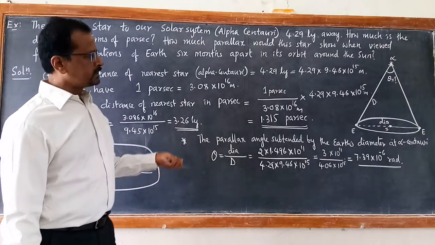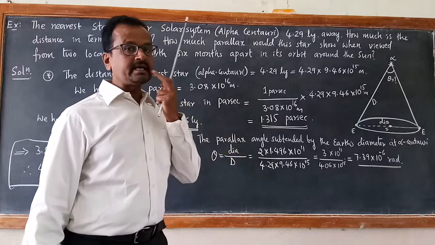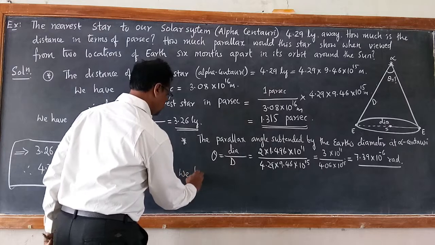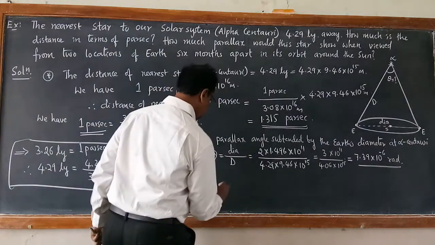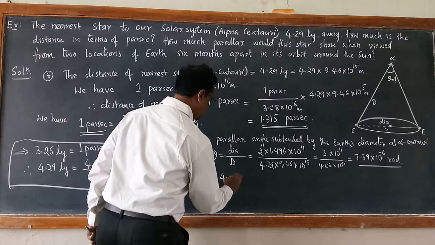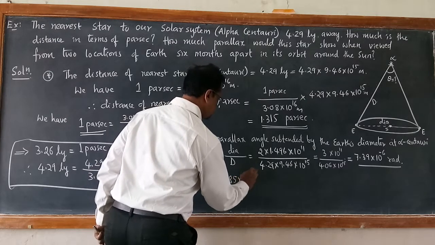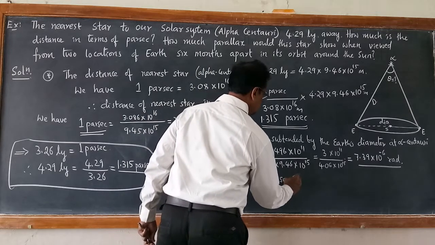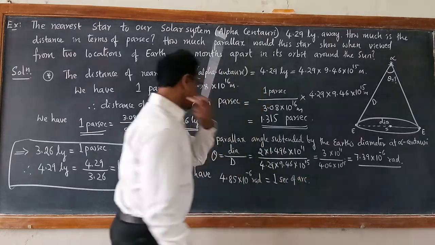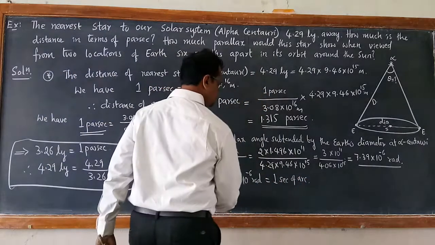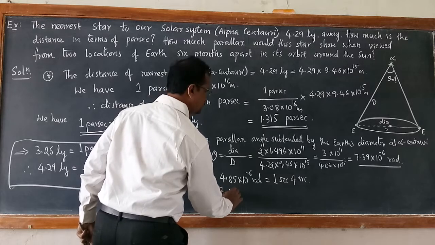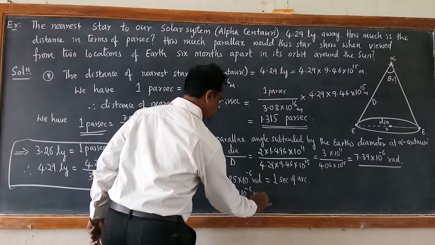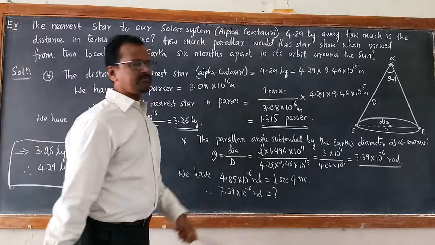But convert this angle into seconds of arc. We have 4.85 into 10 raised to minus 6 radian equal to 1 second of arc. Therefore, 7.39 into 10 raised to minus 6 radian equal to how many seconds of arc?